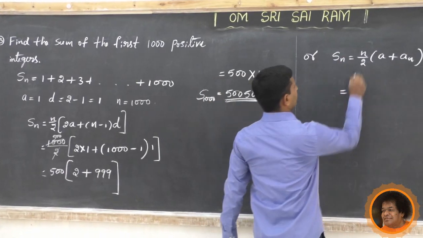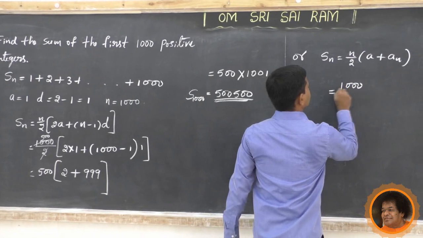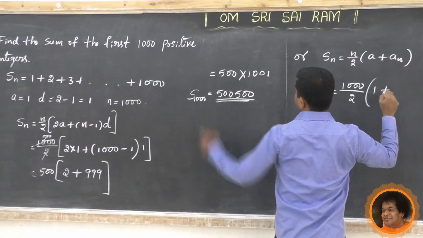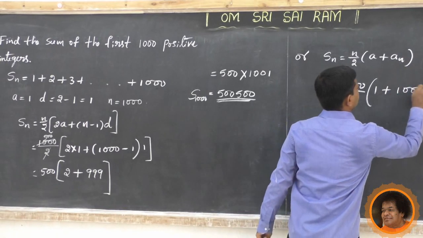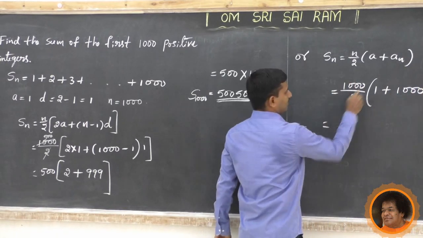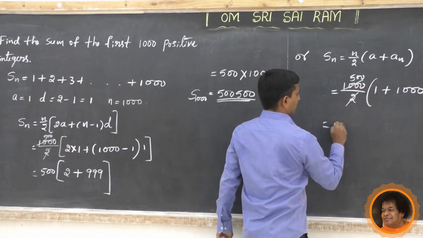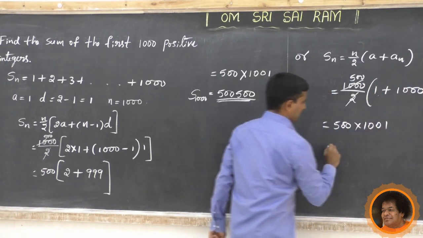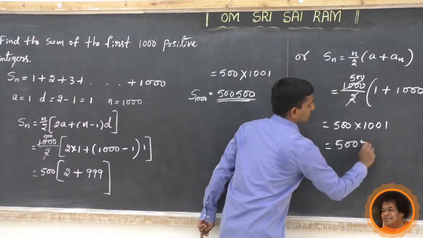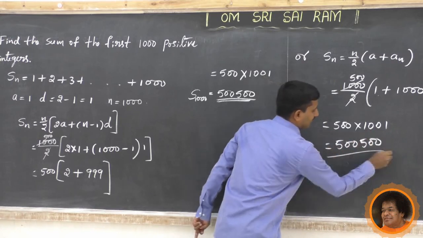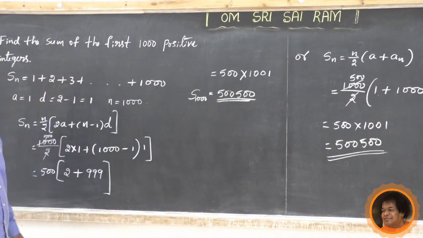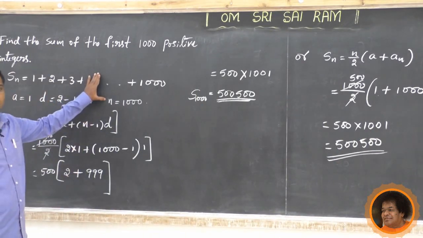Now substitute the values: n, that is 1000, divided by 2 into a value 1 plus the last term 1000, which is equal to 500 into 1001. Now multiply. So this is the sum of the first 1000 positive integers. I think this problem is clear.